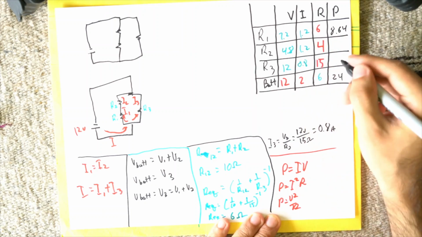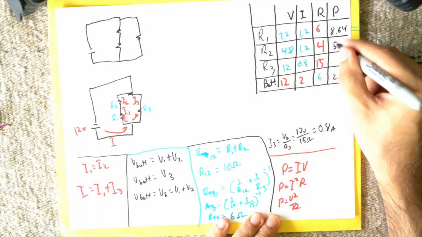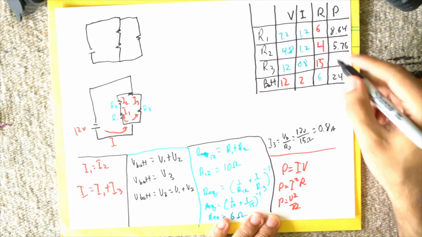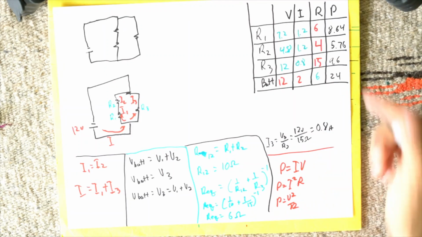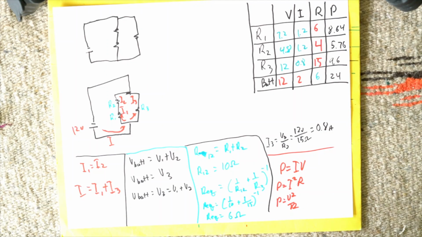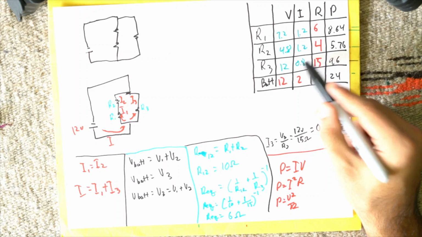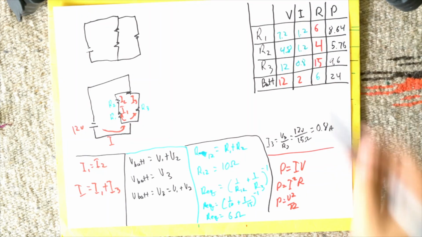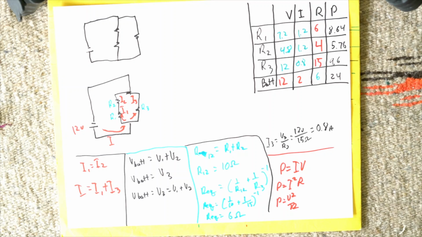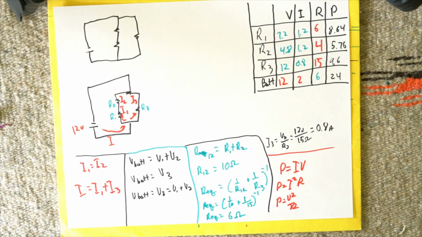This times this, that should be 5.76. And then this should be 9.6. And if you add them all up, it should equal 24. And if you find this squared times that, this squared times that, or this squared divided by that, you should get all of the same answers. And that is how we know that life is good and that we are a talented group of individuals.